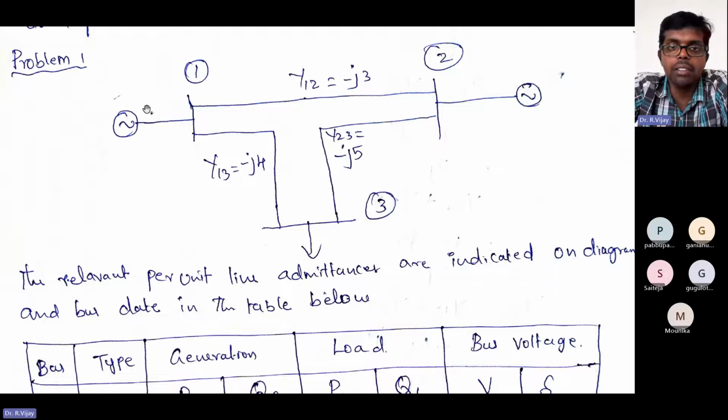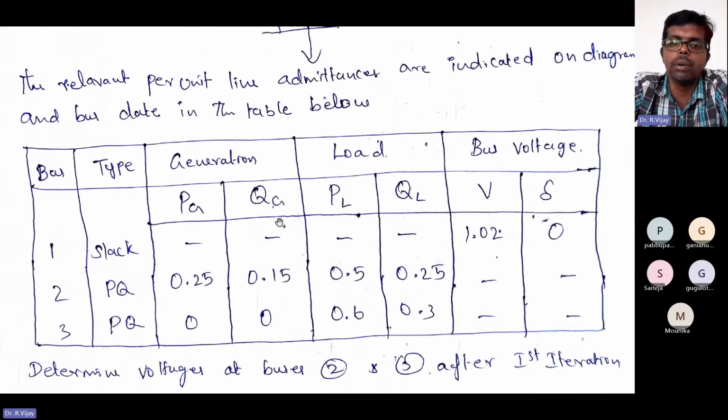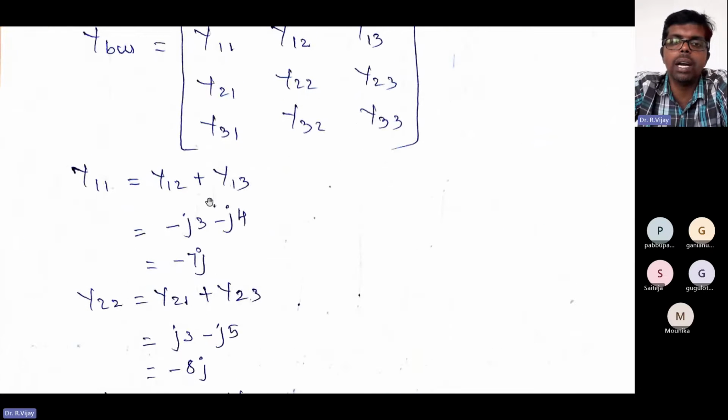They will give self admittance as Y11 equal to some values, like 3j, 4j, or 2j. In that case, you need to take that value. Here self admittance is not given, only the 2 values are given. So Y11 is nothing but Y12 plus Y13.